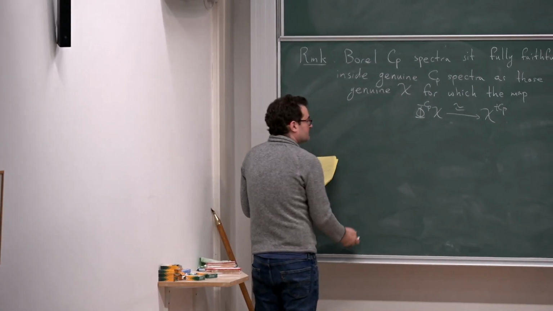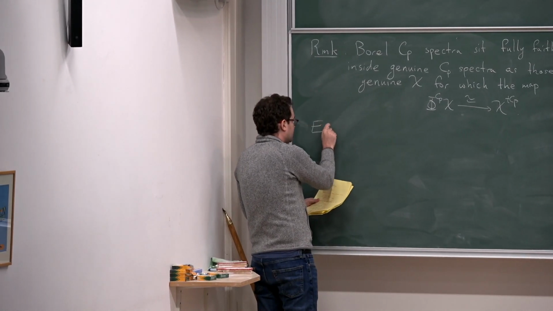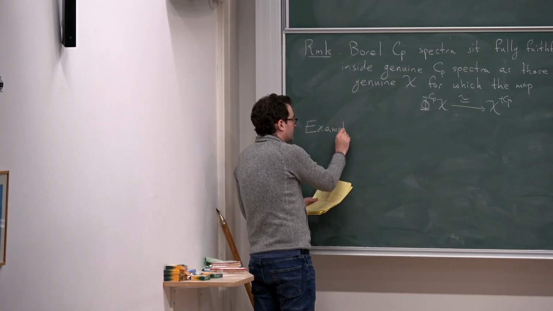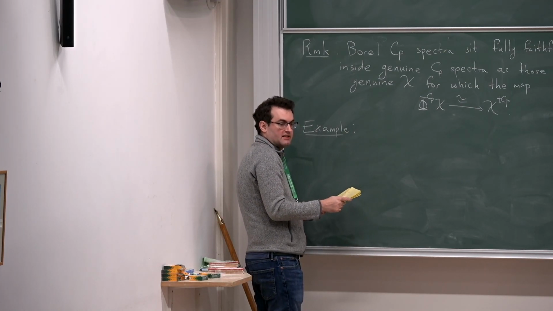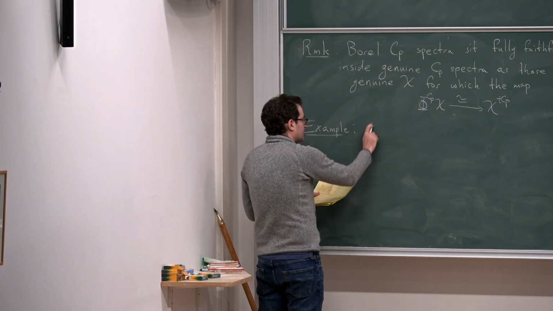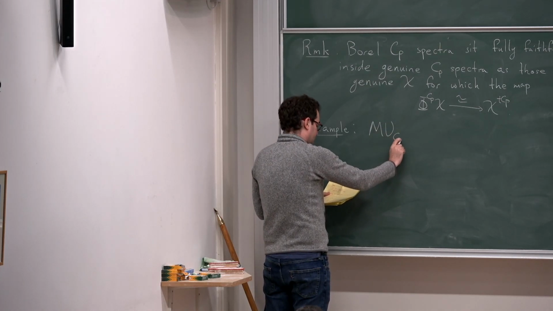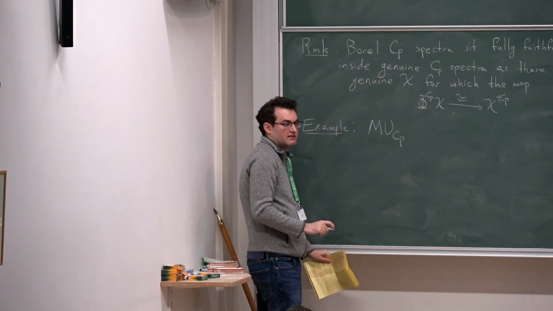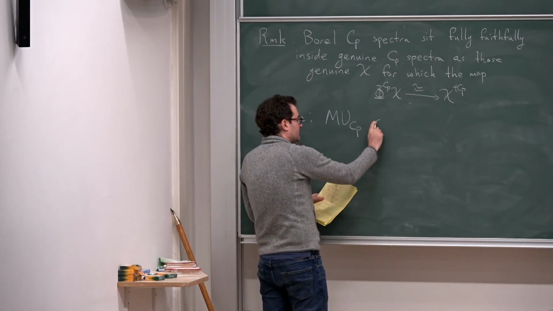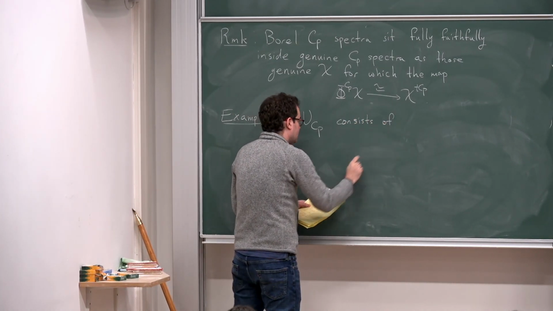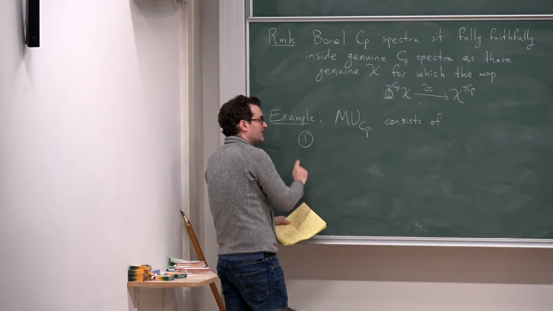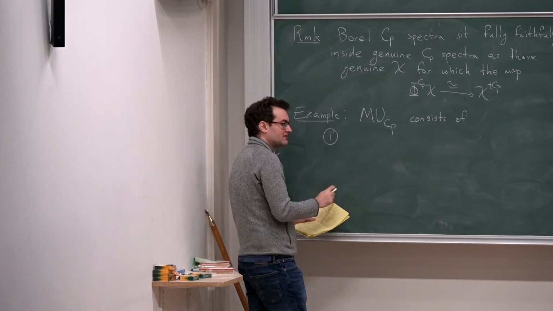Okay, so a basic example of a genuine G-spectrum that is not Borel is this object that Marcus discussed. We can look at MU_{C_p}, this genuine equivariant MU, and it consists of the following things. So I have to tell you a Borel spectrum and then its geometric fixed points.